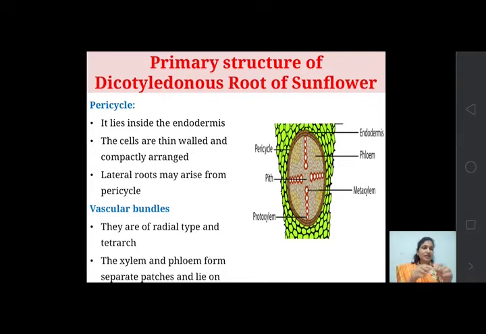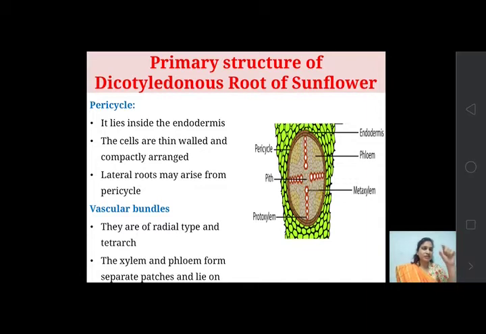And this is the tetrarch condition. Tetrarch means four arms, which you can see here, hence they are known as tetrarch. Four radiating arms of the xylem tissues are there. The xylem and the phloem form separate patches that lie on different radii.